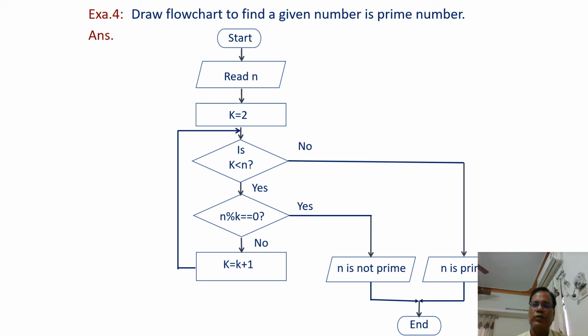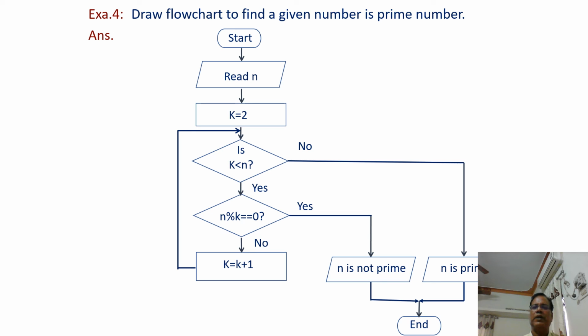If this is true, then we find the remainder by using the modulo operator, dividing the number by k. If the number is divisible by k, that is, if the remainder is 0, then we display that it is not a prime number. Otherwise, we increment the value of k and it becomes equal to 3.